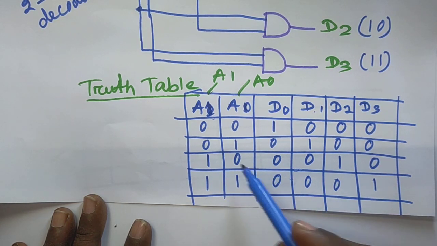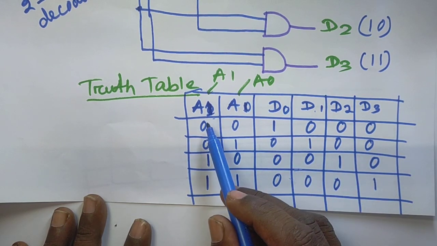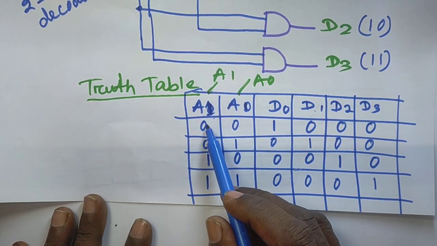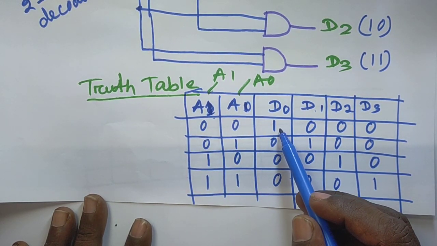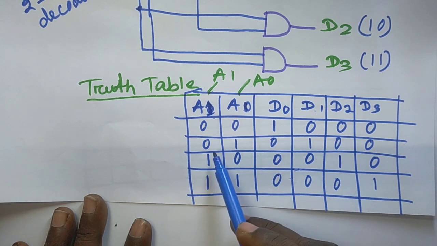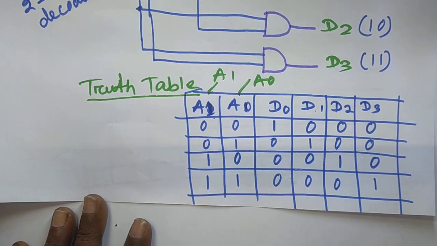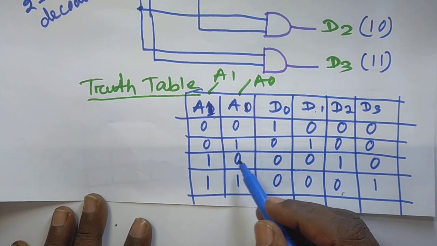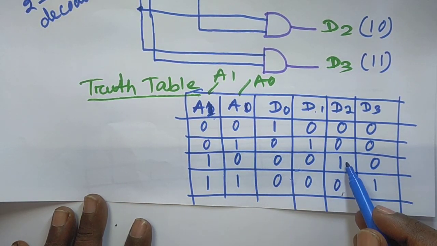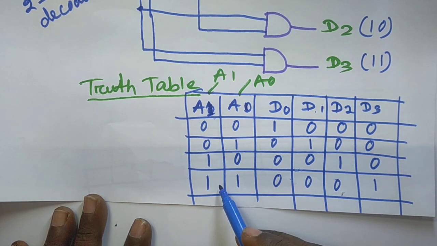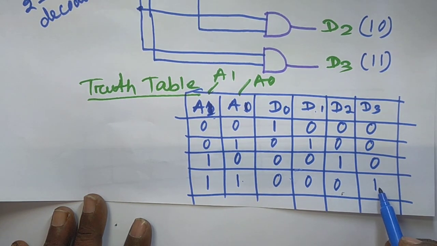Just as a reminder: whenever we provide A1 A0 as 0 0, D0 will activate. Whenever we provide 0 1, D1 activates, because its value is 1. 1 0 is value 2, so D2 will be activated. When the value is 3, D3 will be activated.